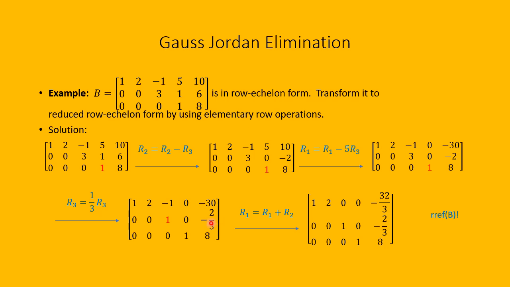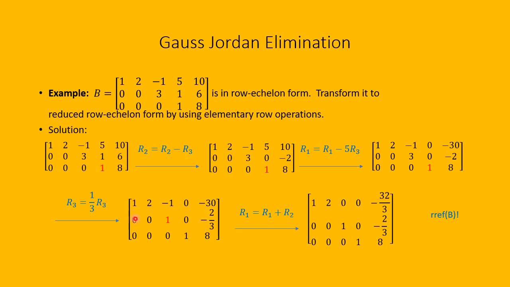Okay, and now we're not quite in reduced row echelon form yet, because in the second row our leading element is now 1 as we wanted, but the rest of the column is not all zeros. So what do I have to do to get a 0 up here? We'll do row 1 equals row 1 plus row 2.